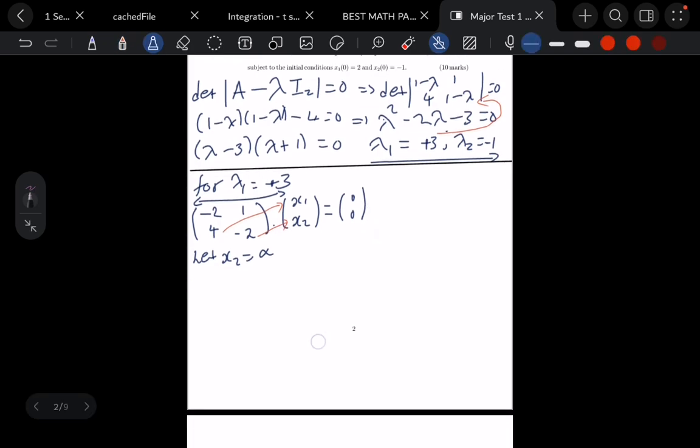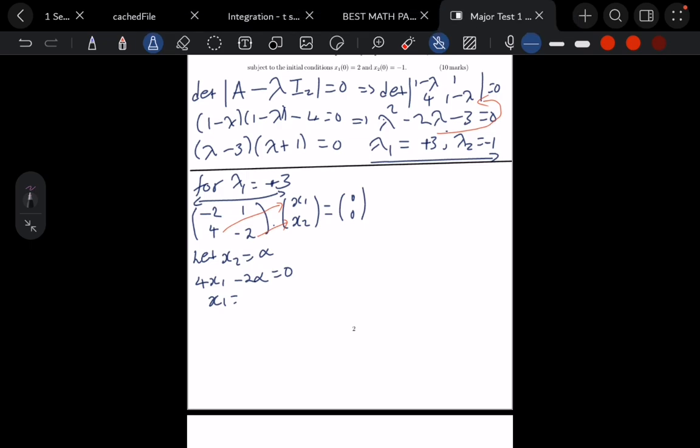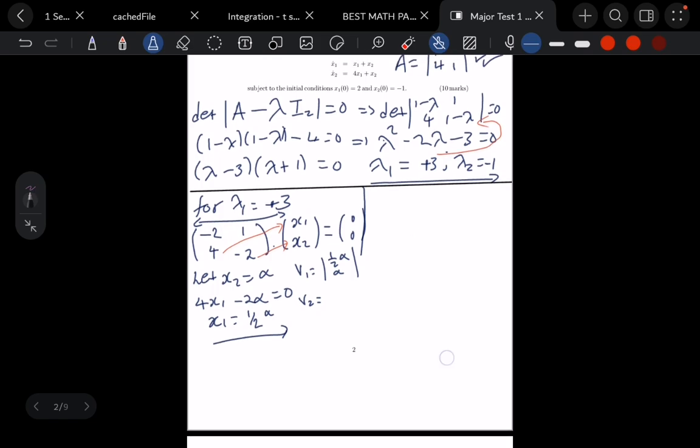So you are going to have 4x1 minus 2 alpha equals 0, and then x1 equals negative 2 divided by 4, which is going to be 1 over 2 alpha. So v1 here is 1 over 2 alpha and alpha. Remember that we take out the highest common factor of a fraction in your vector. So it's going to be 1 over 2 alpha, which is 1 and 2. So this is your eigenvector.